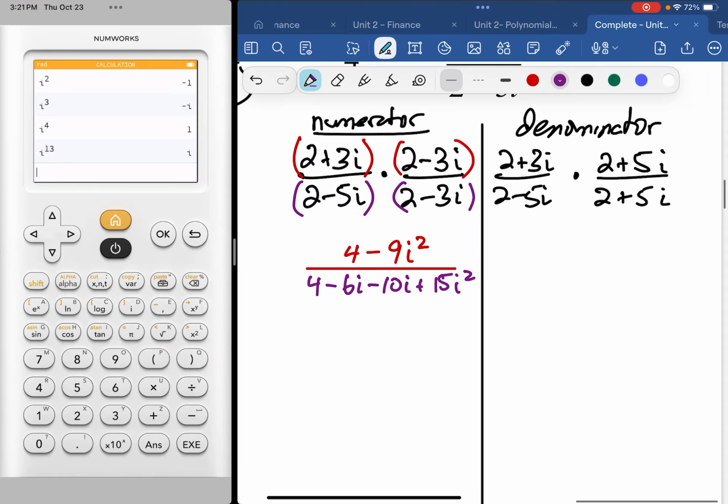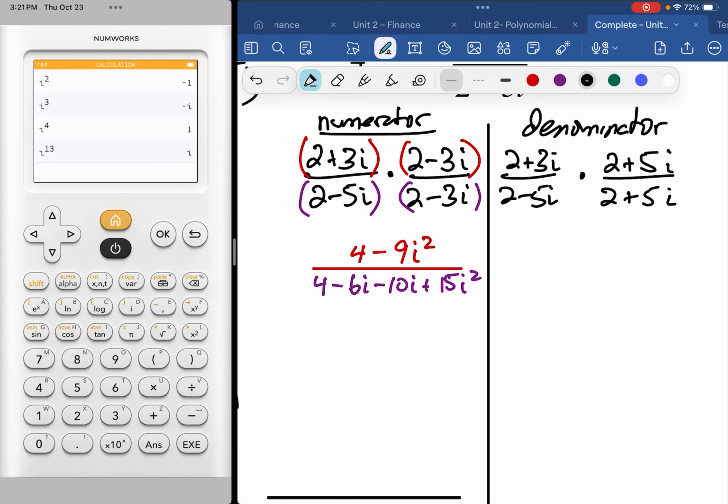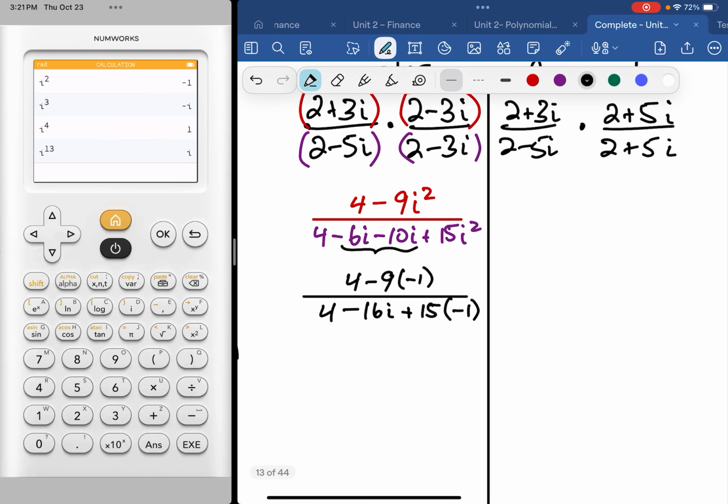Then I would clean that up. All right, so up top, it's 4 minus 9 times negative 1. On the bottom, 4, I'm going to combine these together, so minus 16i plus 15, instead of i squared, it's going to be negative 1. All right, so up top, 4 plus 9 is 13.